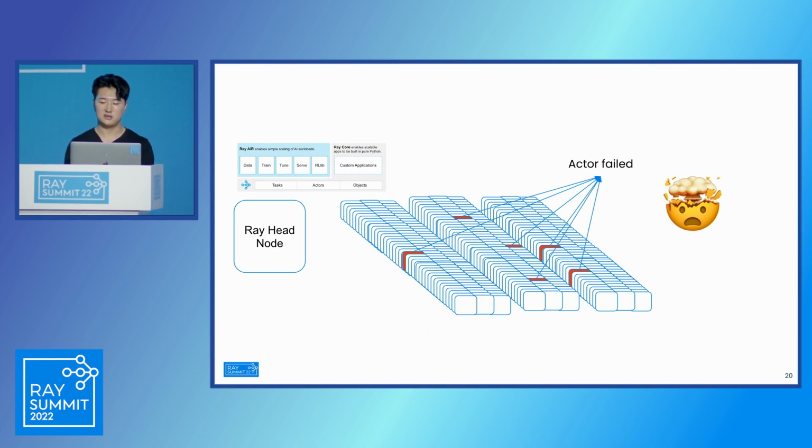By nature, distributed systems can have so many different failure modes because they have heterogeneous resources, many different machines, and more likelihood of failure across them. And there is also a lot of data, as you see, tasks, actors, objects. So debugging issues in this kind of environment is not trivial. And this requires the system to have really strong support, like tools and workflows for you to go through to make debugging easy.